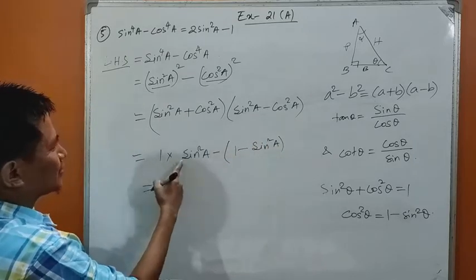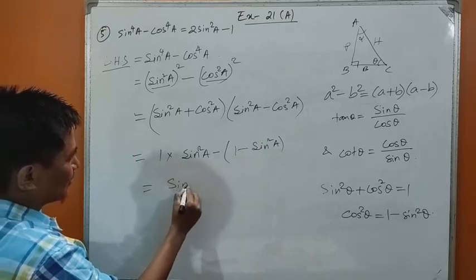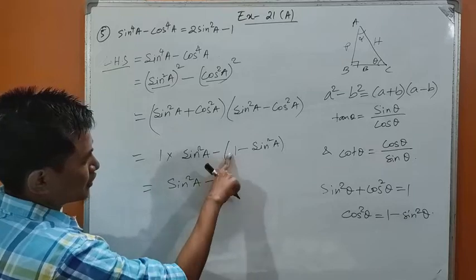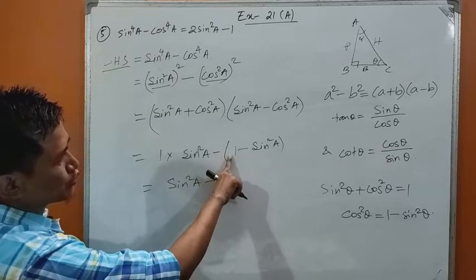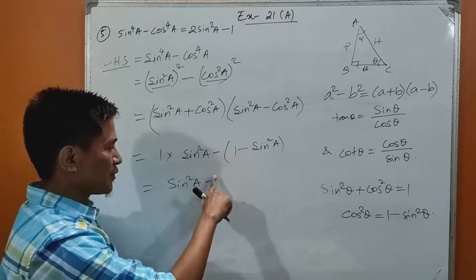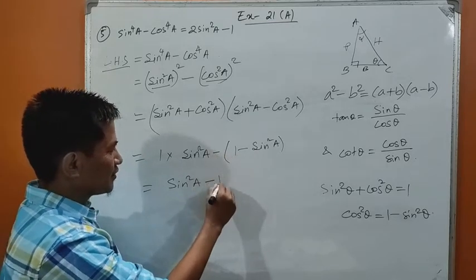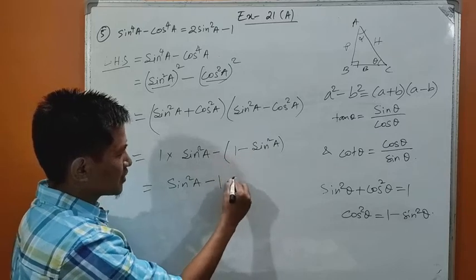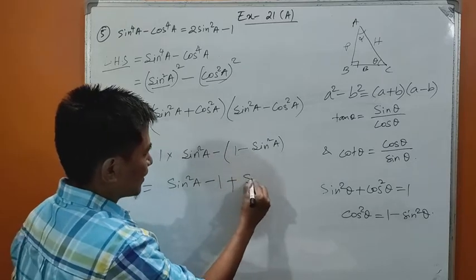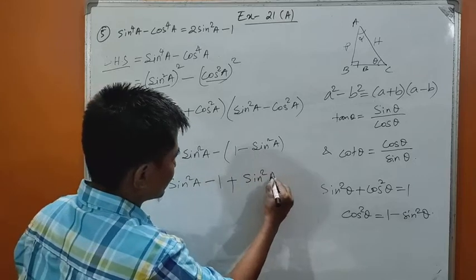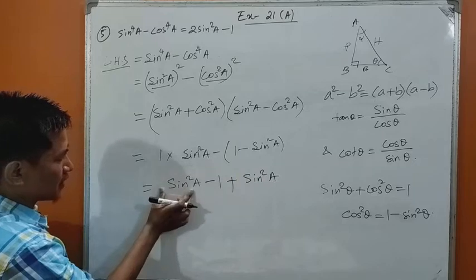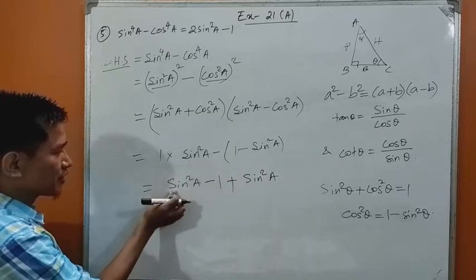So 1 into sin square a is sin square a, isn't it? Minus into plus is minus. There is no sign in front of 1, which means it is plus. Again, minus into minus is plus. So this plus sin square a and plus sin square a, there is no sign, means this is plus sin square a, isn't it?